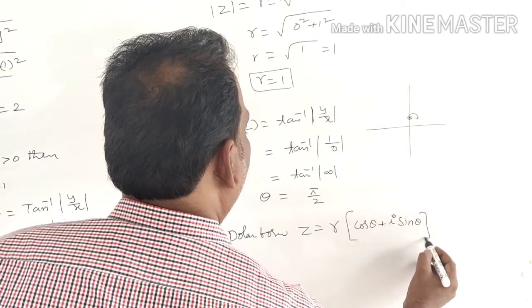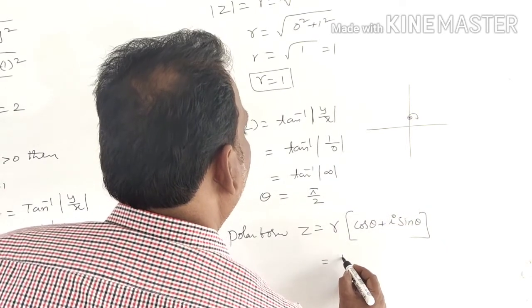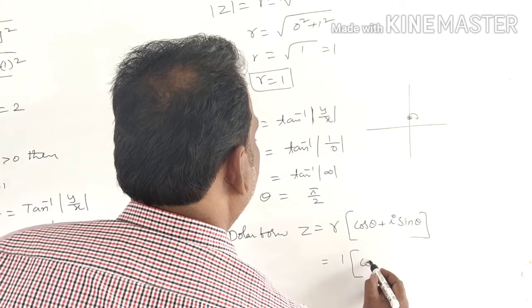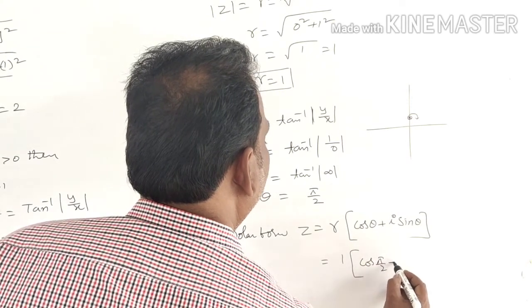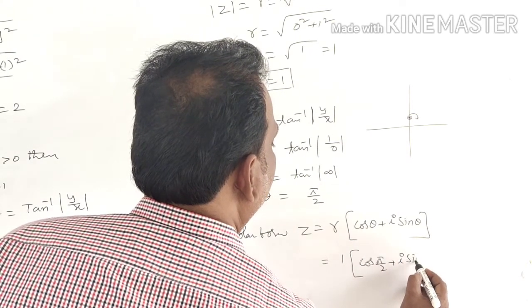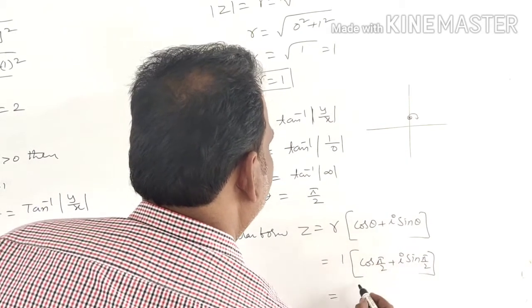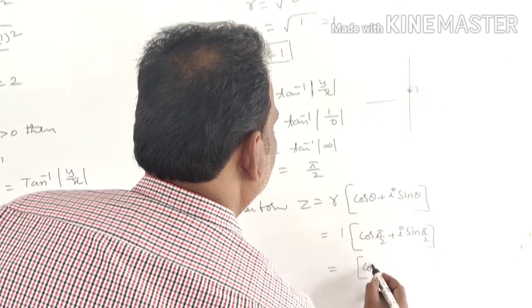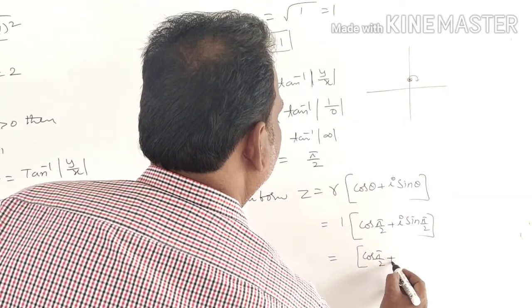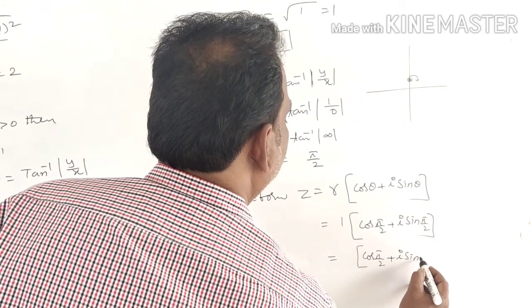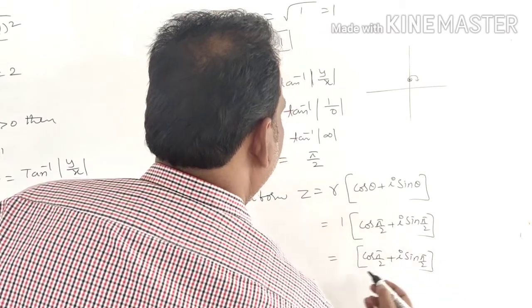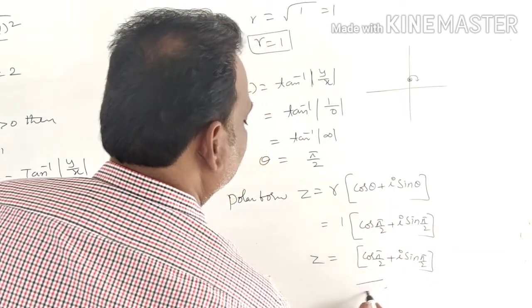So you know the r value. r equal to 1 into cos theta value pi by 2 plus i sin pi by 2. So finally 1 you can multiply also, you will get the same. So cos pi by 2 plus i sin pi by 2 is the polar form of the given complex number.